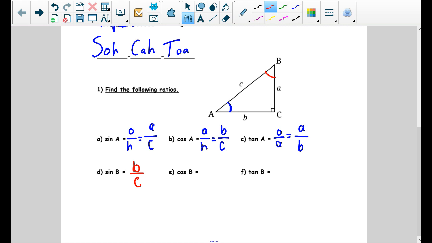Adjacent over hypotenuse. So C is going to go on the bottom as the hypotenuse. A is going to be the adjacent side. And then tangent, opposite of B is what? Little b. Adjacent to B is A. So B over A. Okay?